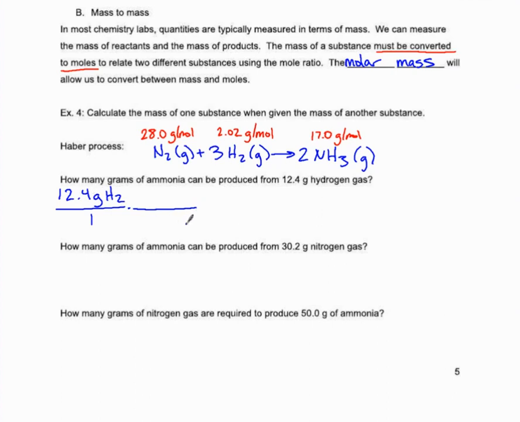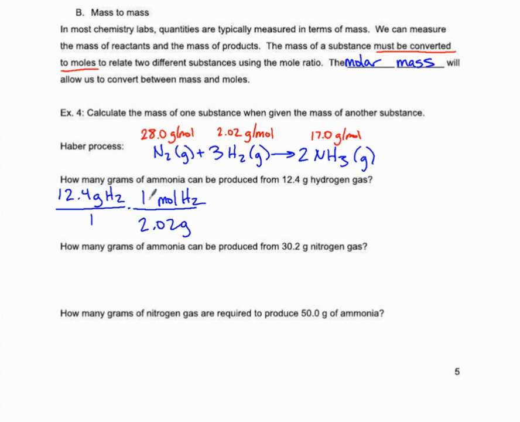So you're going to start with the mass of the reactant that we know, which is 12.4 grams of hydrogen. Then the first thing you have to do is convert it to moles. And so we want grams on bottom for moles of hydrogen on top. And we already found this number, and it is 2.02 grams for every mole of hydrogen. It's important to note that when you're doing molar masses, it's always grams per 1 mole.